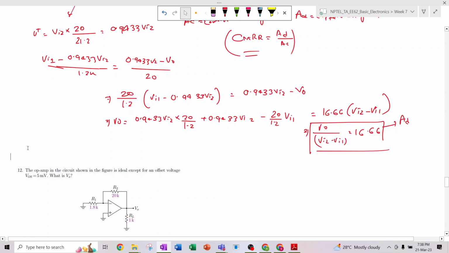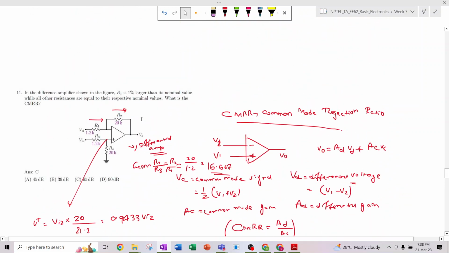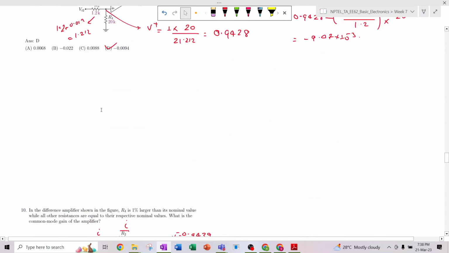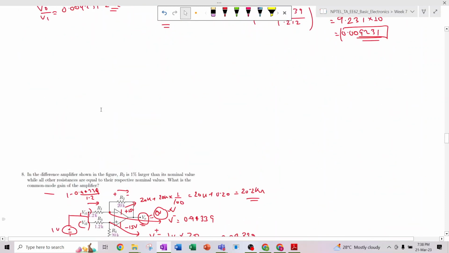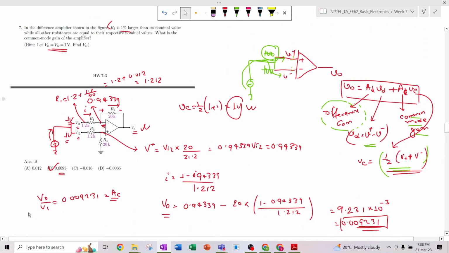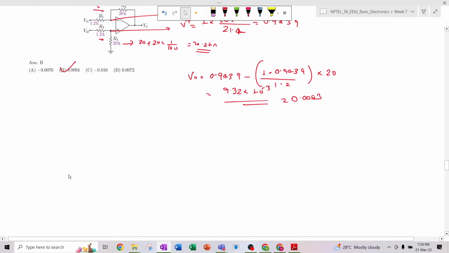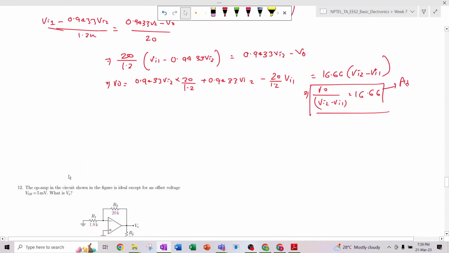And what is the common mode gain? When we put Vi1 and Vi2 both as 1, we determined this earlier: when R1 is 1% larger, it is 0.0093. So AC is 0.0093.